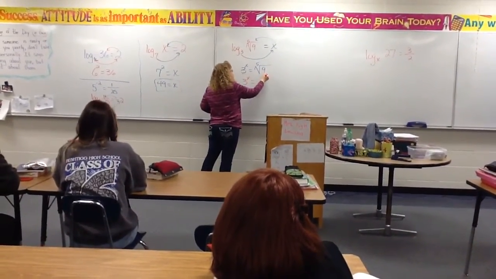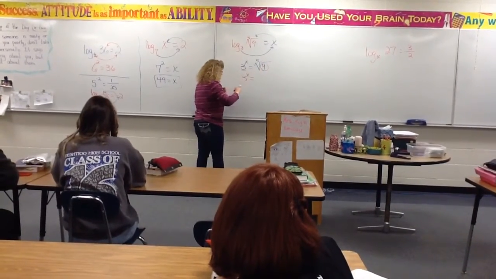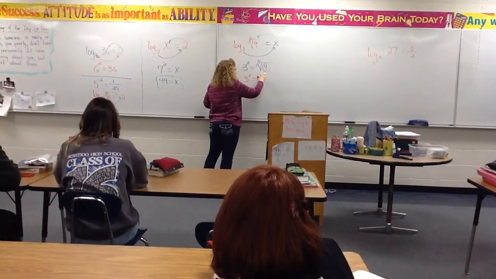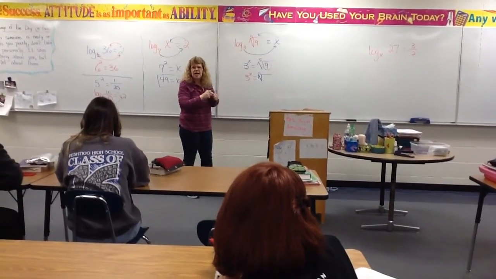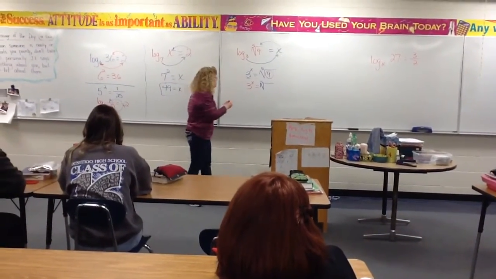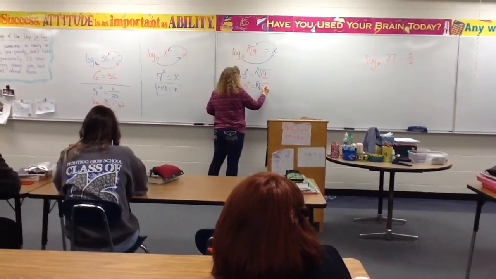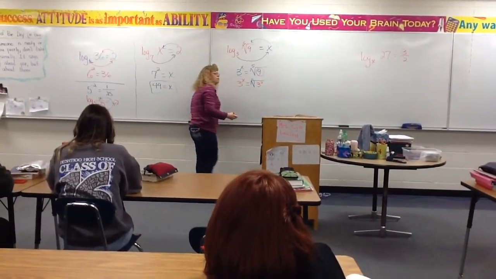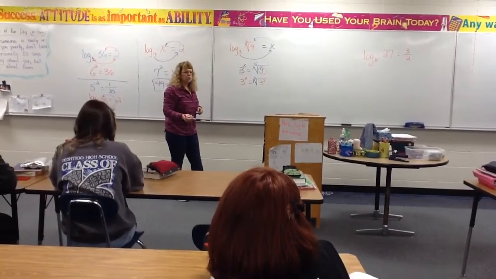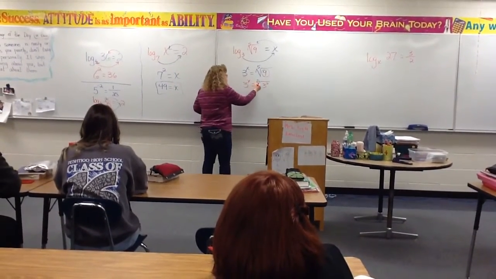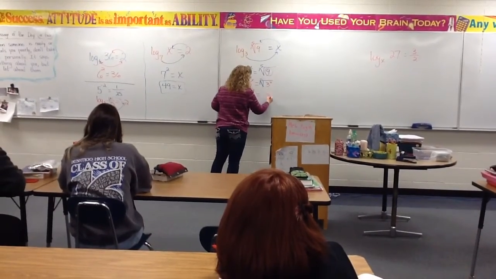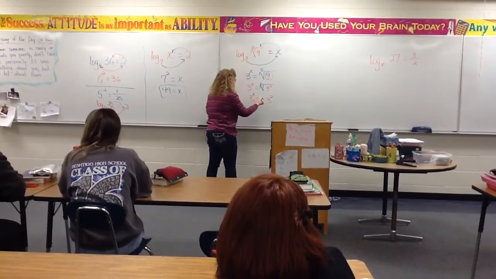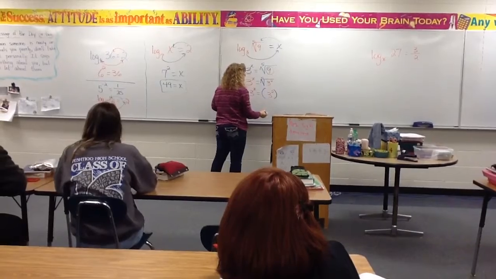Over here, how do I write 9? 3 squared. I'm not going to do too much in one step, because when you try to do too much in one step, you make a mistake. So I'm just going to rewrite 9 as 3 squared first. Then what will I do? This 5th root is equal to what power?